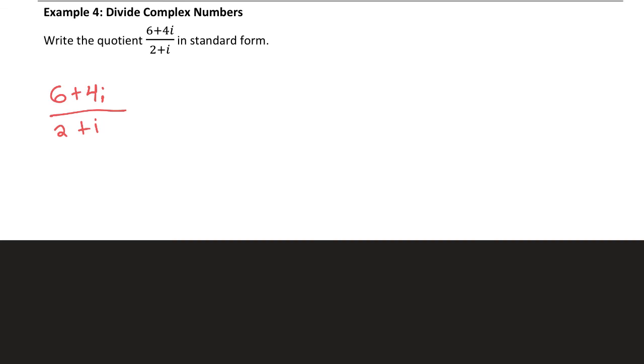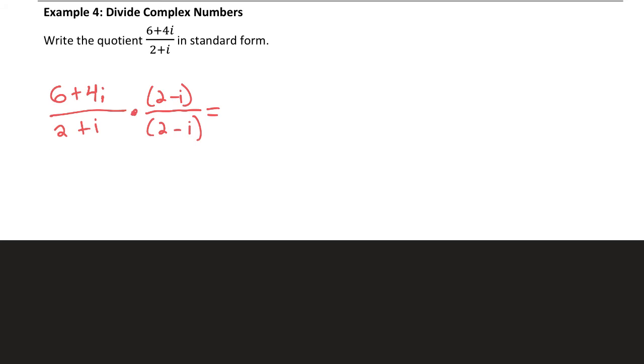I would multiply by the conjugate of the denominator, the conjugate of the bottom. So I'll multiply the top and the bottom both by the conjugate of 2 plus i. The conjugate of 2 plus i is 2 minus i.